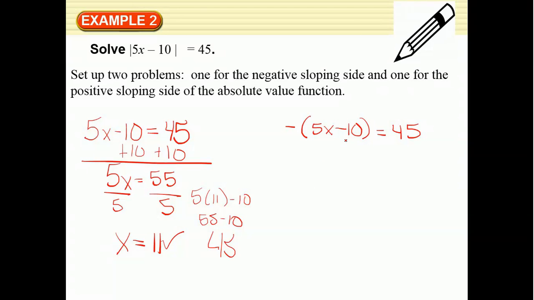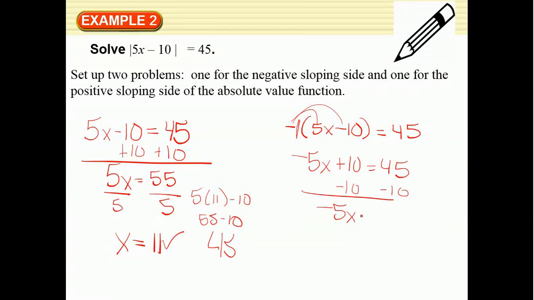Now for the other problem, that's technically a -1, so let's distribute the -1 in. I'll get -5x + 10 = 45. Let's solve this problem. Subtract 10 from both sides to get -5x = 35. Let's divide by -5, so I'll get x = -7.